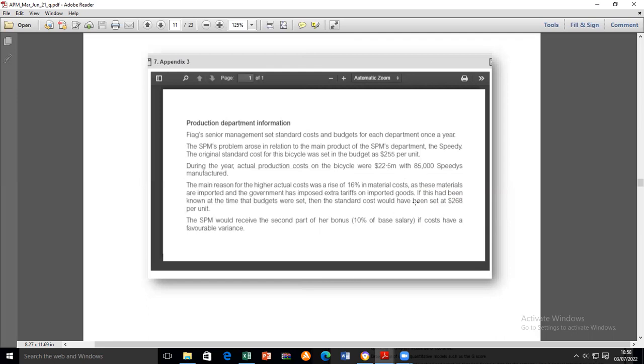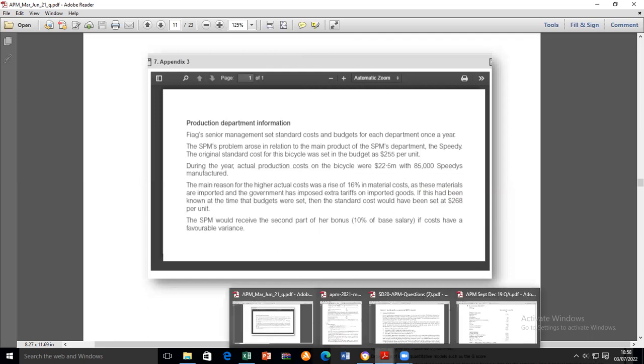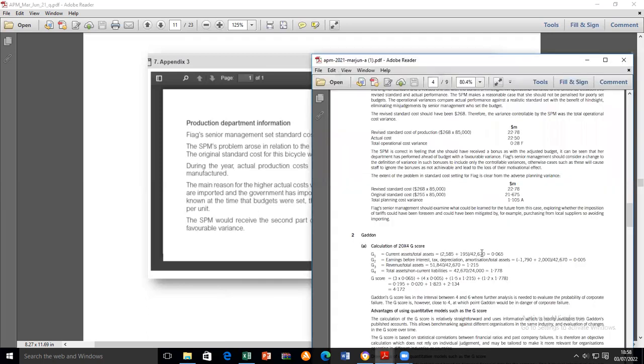So 268 by 85. The revised standard cost should have been 268.